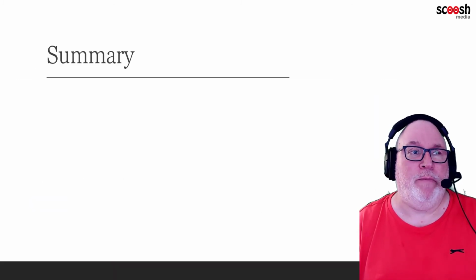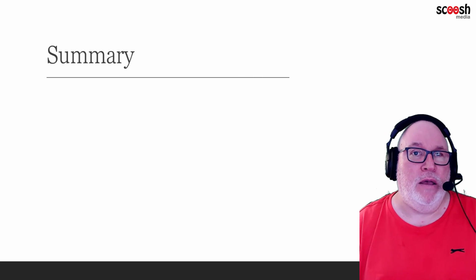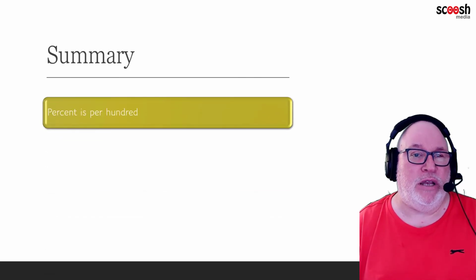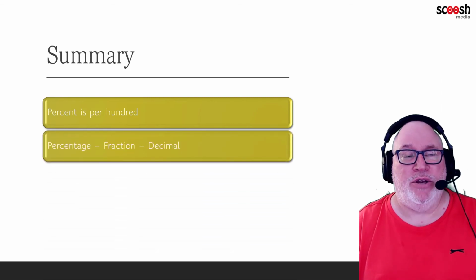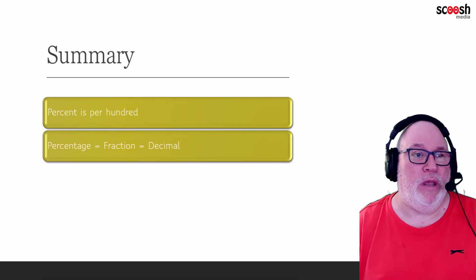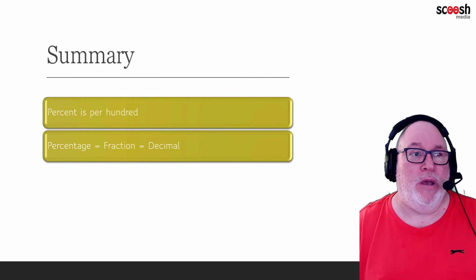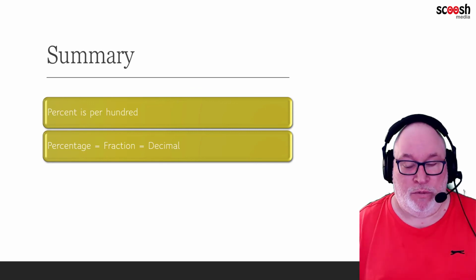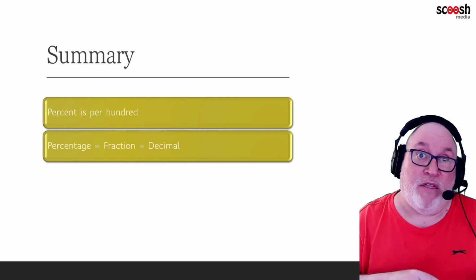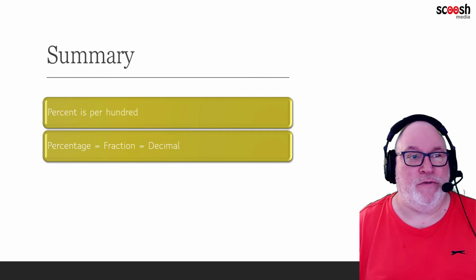Right, let's do a wee summary. So what we did was we looked at percentage, what percentage is. We looked at it as a percentage, a fraction and a decimal. And then what we did was, after we looked at how they're linked as well, and understanding percentages, a wee summary there, a wee review, shall we say, because there's also other video tutorials for you.